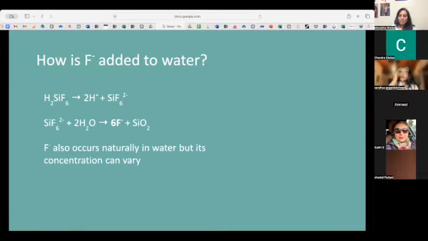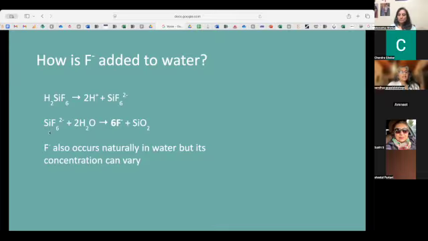Okay, so then, not every place has natural fluoride. And so they said, okay, we're going to start adding fluoride to municipal water. And how do they do this? They start with a compound called fluorosilicic acid.